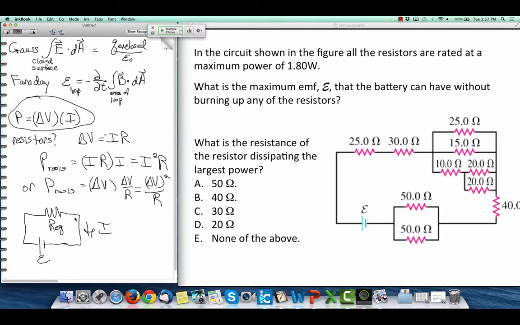So if you look at the circuit ahead of time and try to figure out what's going on, think about the problem a little bit, you can get a lot of the way without doing calculations, or you can figure out which calculations you need to do and in what order. Because this looks horrible. It's not a lot of fun, but it's not as horrible as it seems. You don't have to calculate the power for every single resistor.